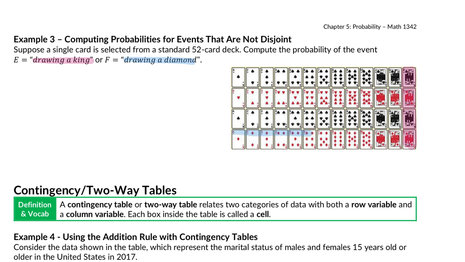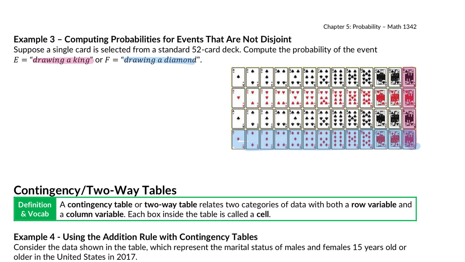So if I highlight all of the diamonds, do you see how there's now an overlap between these two events? This is no longer disjoint. We actually have a physical overlap when we color it like this, but also we know there is a king that is a diamond.